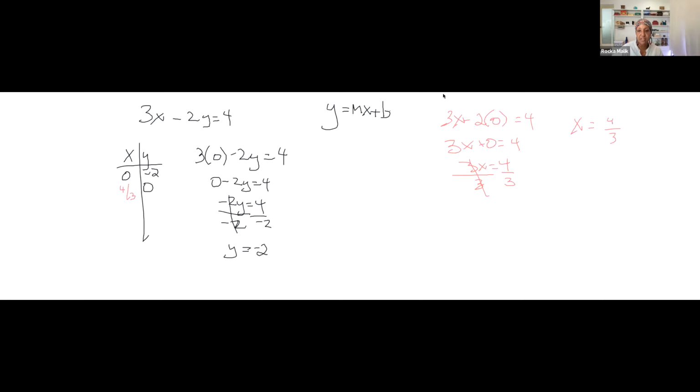Okay, someone has a request for a question. The point is 1, 2, and the slope is -7. They wanted you to write the equation for the line that has slope equals -7 going through the point 1, 2.